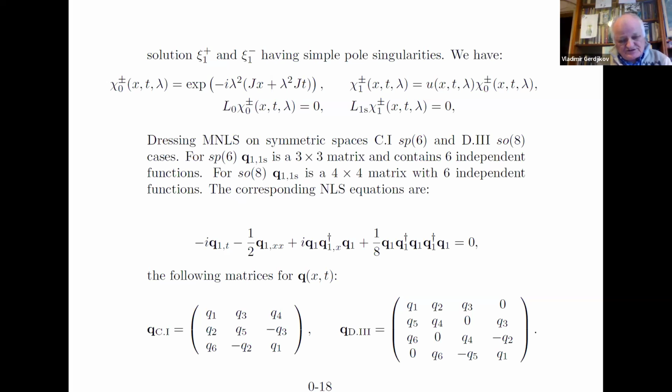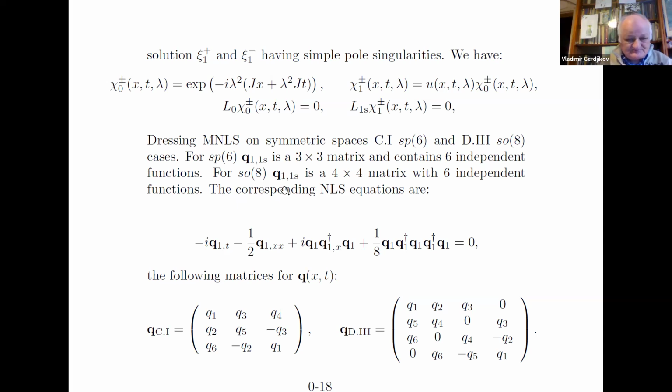Before explaining this, I'll mention that we will treat two situations. The first is if we have a C1 symmetric space, related to the algebra SP6, or a D3 type symmetric space related to SO8.